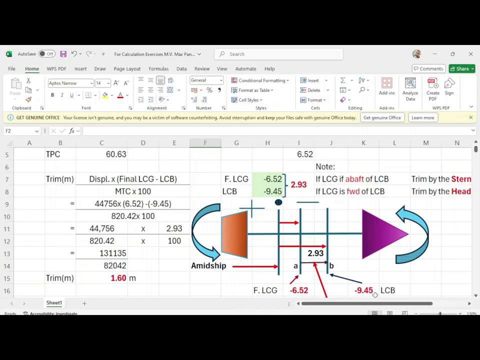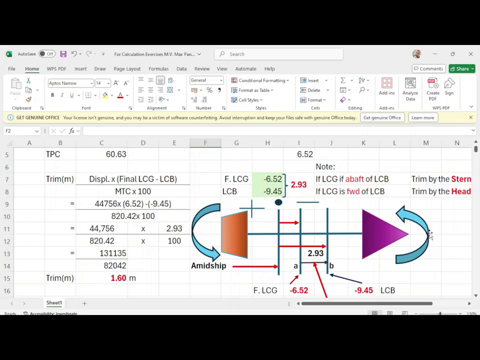So, because of the buoyancy, again, the vessel will rise at the forward part of the vessel because of the buoyancy forcing the vessel to rise up. So it will have a counterclockwise direction and this will go up. So when the vessel rises up, which means your draft forward will reduce or lessen. Okay, that's why you have a less drop here because of this buoyancy.